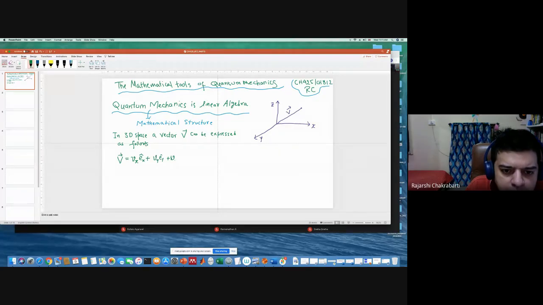Vz Ez cap. So what are these things? These Ex, Ey, and Ez, what are they? They are unit vectors, isn't it?